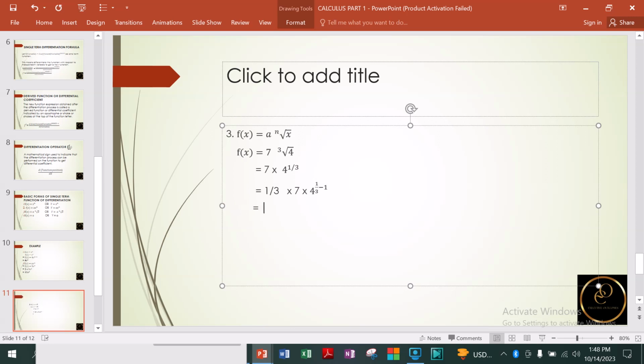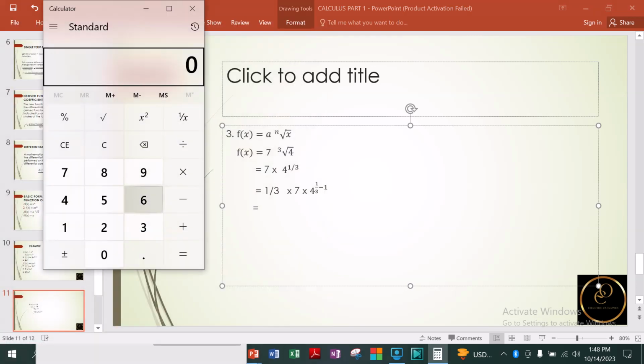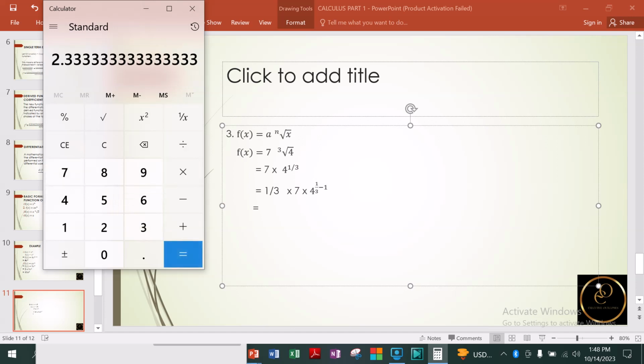We use the calculator. What we see is 7 divided by 3, which is that, then multiplied by 4, which is that.